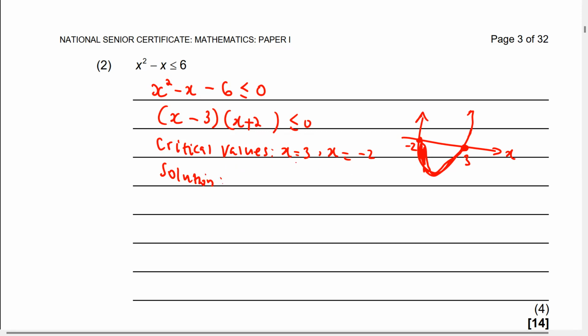The solution would be that this is negative when x is between minus 2 and 3, but since it's less or equal to here, you can just put less or equal to there, and we are done. Okay, now this is the easiest way to solve these quadratic inequalities. But there's another method.